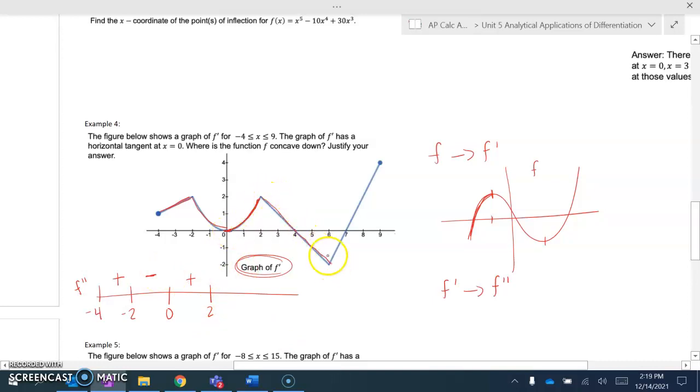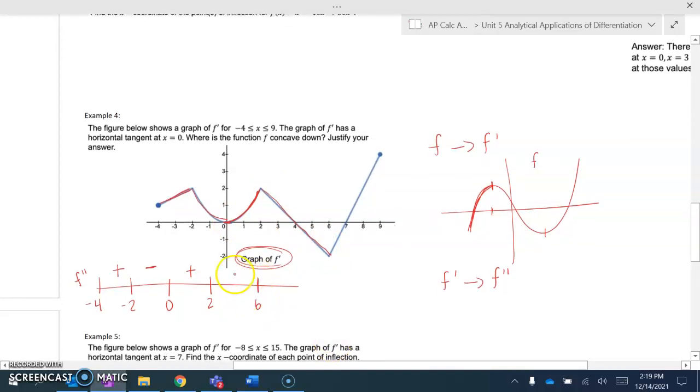Then we're negative from 2 to 6 because there's negative slope everywhere there. And then from 6 to 9, we have positive slope. Okay, so the graph of f prime tells us about f double prime, kind of like f tells us stuff about f prime. So if we want to know where this is concave down, that's wherever f double prime is negative. So we would say we're concave down from -2 to 0 and 2 to 6.